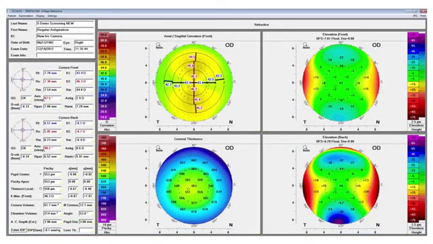Another popular display is our 4 maps display. This is a common configuration where we have the anterior curvature map, we have the anterior corneal elevation map, we have the posterior corneal elevation map, and then we have the corneal thickness map. Again, this is a common configuration, however, you can select any 4 maps that you would like to be displayed.